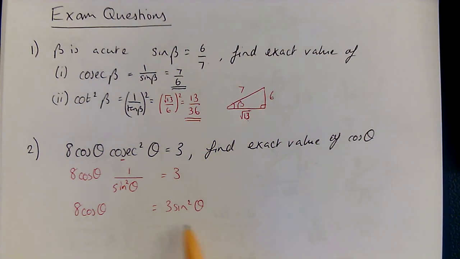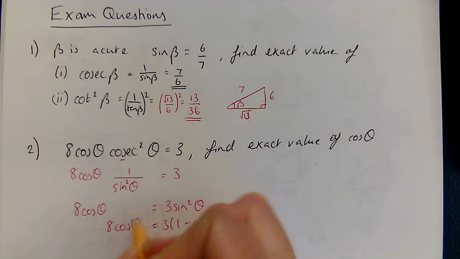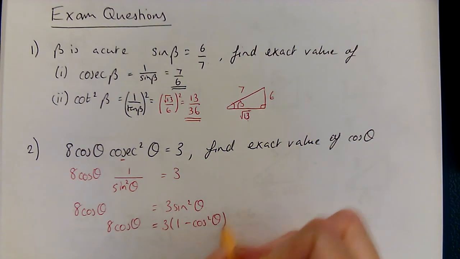Now, unfortunately, this is not cos, but we remember from year 12 that sine squared plus cos squared gives us 1. So we can replace that with 1 minus cos squared theta. Let's expand out those brackets.